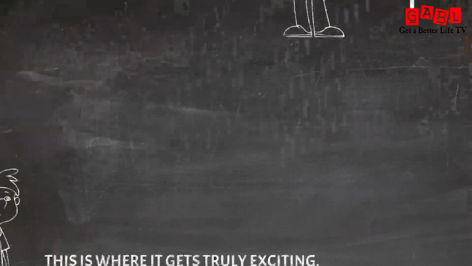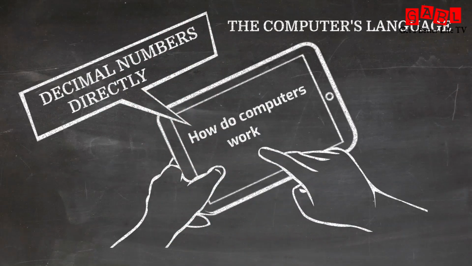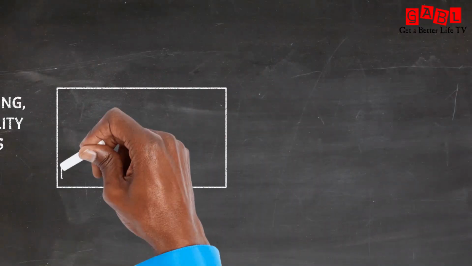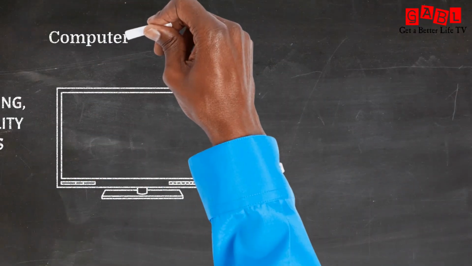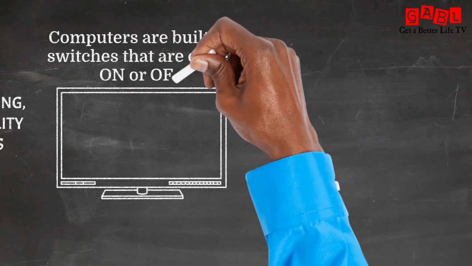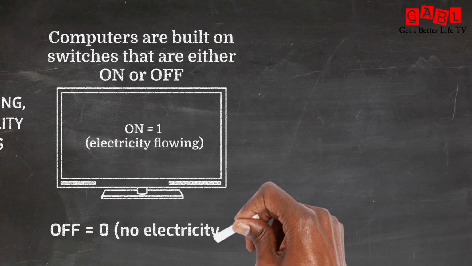Then 2, the computer's language. How do computers work? They don't understand words or decimal numbers directly. Computers are built on switches that are either on or off. On represents 1, that is electricity flow.